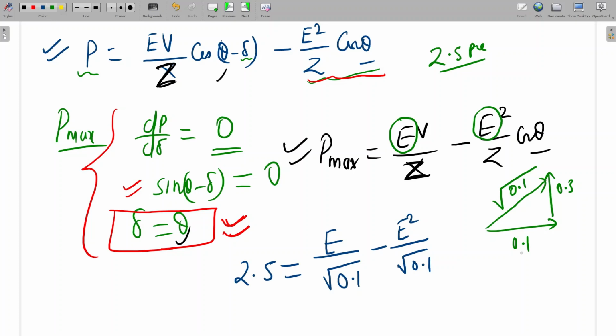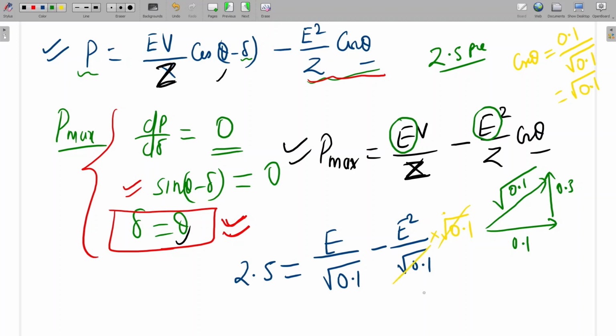So cos theta is equal to 0.1 divided by under root 0.1, so it will be under root 0.1. Here we can write the cos theta value into under root 0.1. So this will cancel. What will be the final equation?